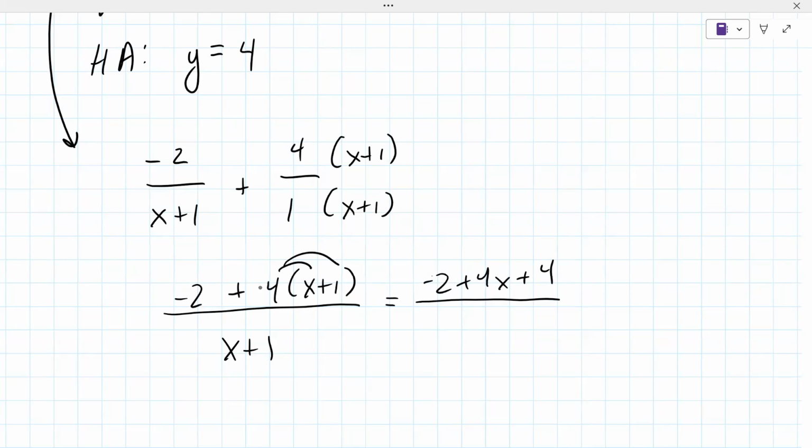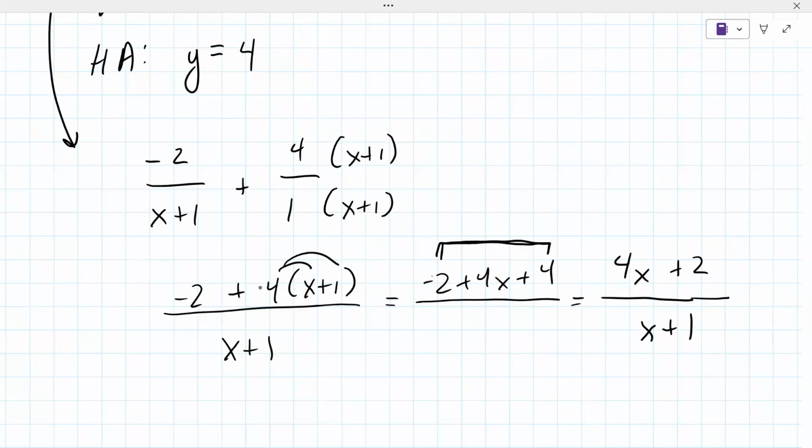So it would be 4x minus 1. These are like terms, -2 and +4. What do they combine to? -2. Nope. Try again. Oh, +2. Yes. Okay.